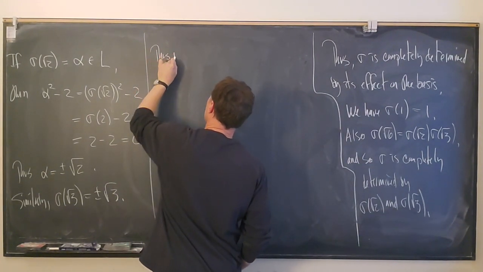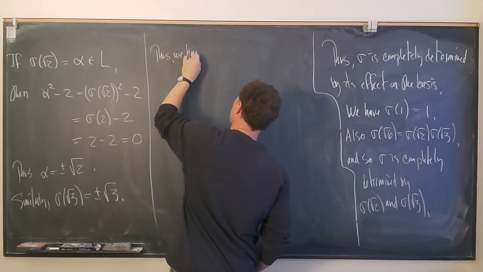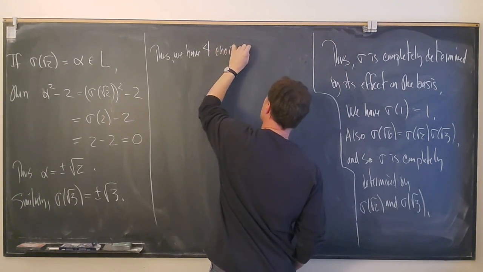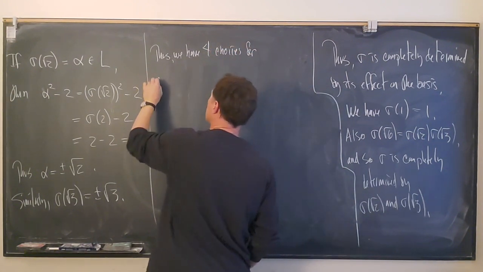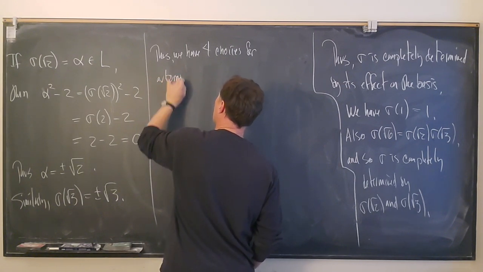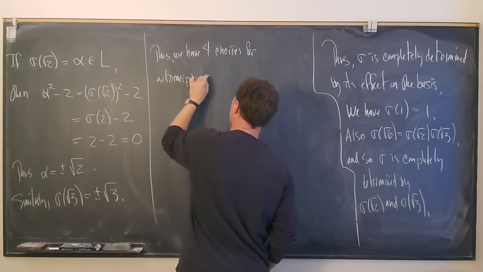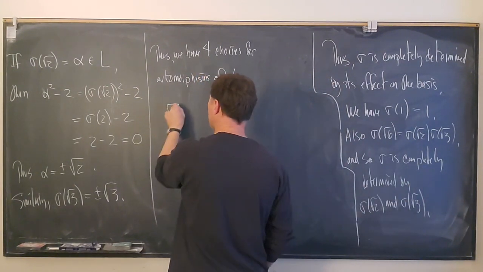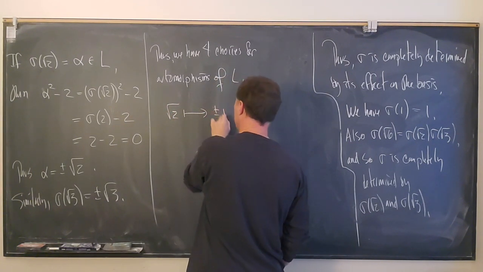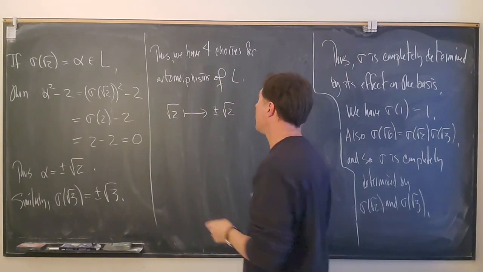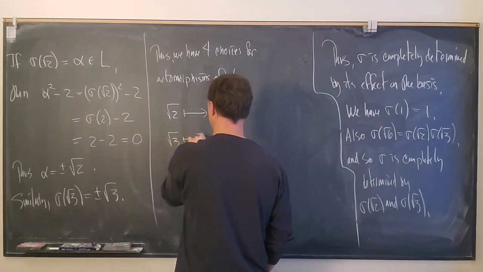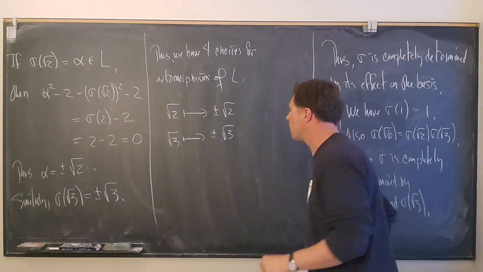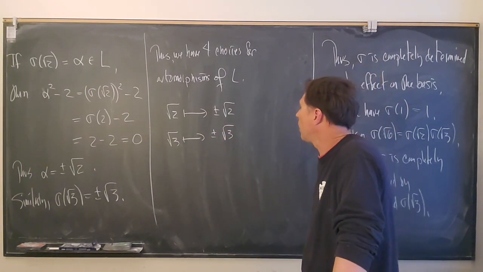Thus, we have 4 choices for automorphisms of capital L. So square root of 2 will go to either positive root 2 or negative root 2. Same thing with square root of 3. Once we've determined that, that completely determines everything else about sigma.